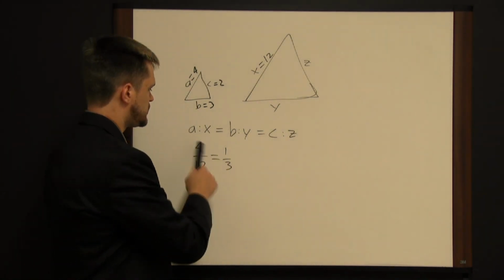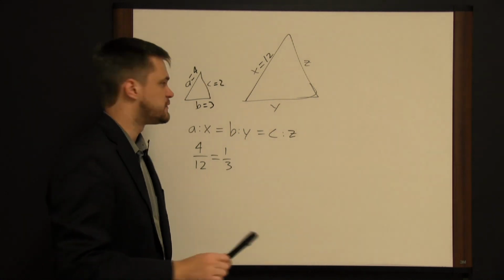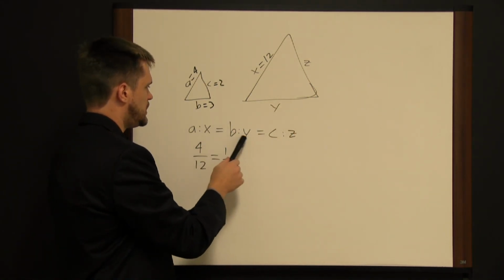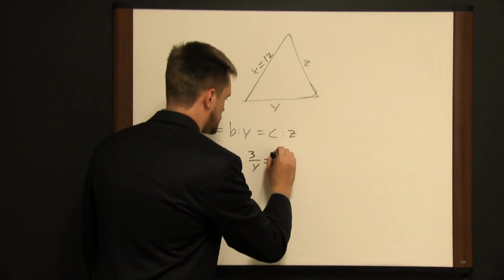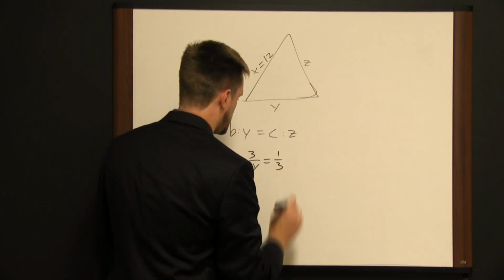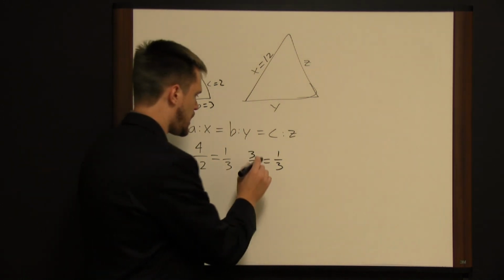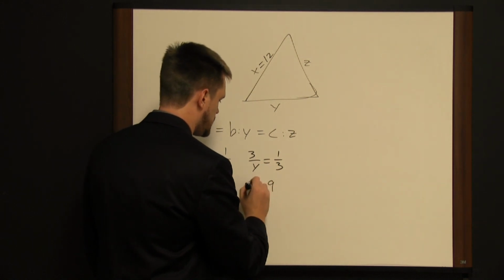And so we can set up two more equivalent fraction problems to find the values for y and z. So b over y, or 3 over y, is going to be equal to 1 over 3. And now we can cross multiply to find the value of y. We get 3 times 3 is 9, and y times 1 is y.